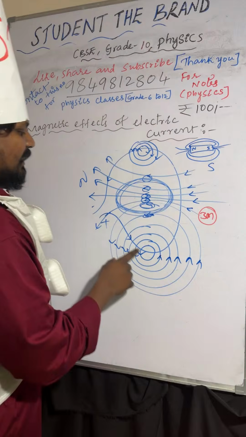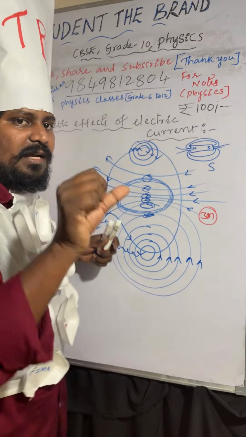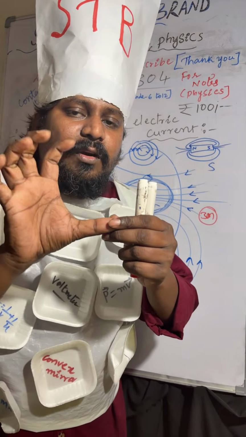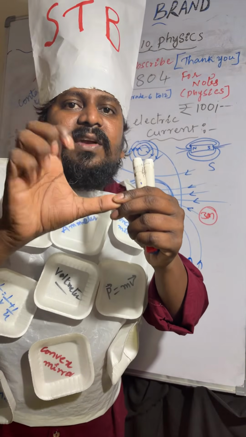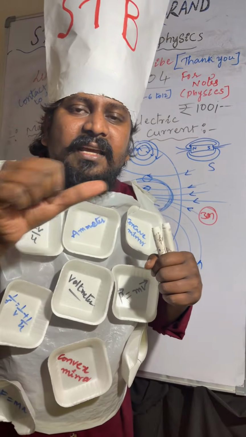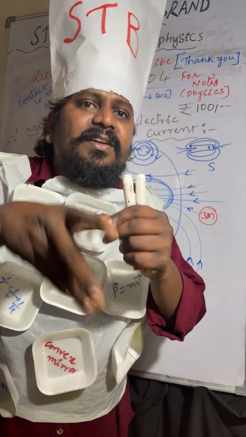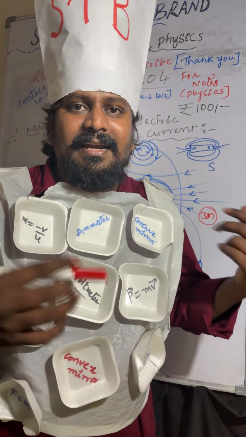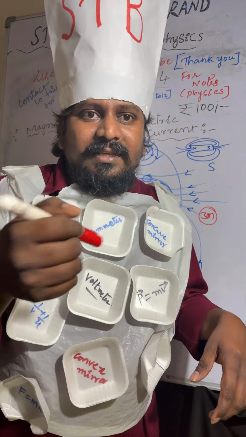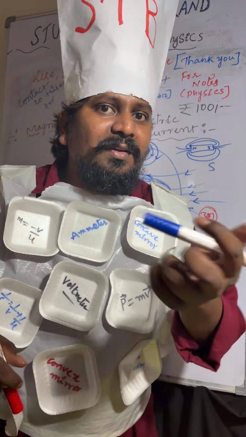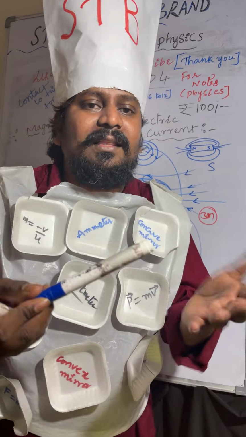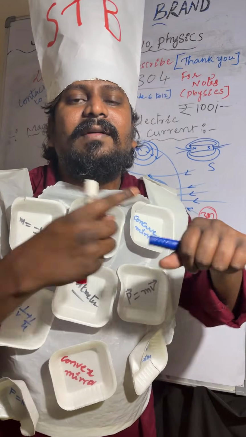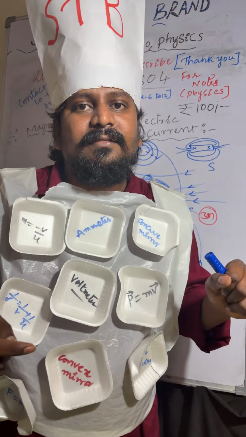So current is passing like this. As I mentioned, by using the right hand thumb rule, we can identify the magnetic field direction. Sometimes students writing the exam place the hand thinking this is the conductor, and they do it with the left hand.